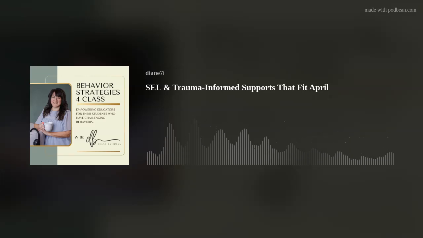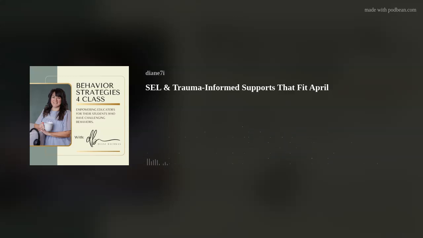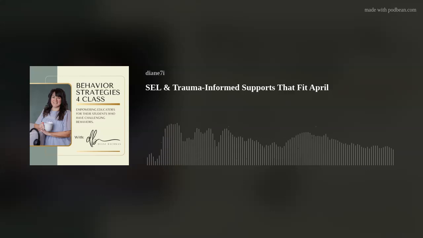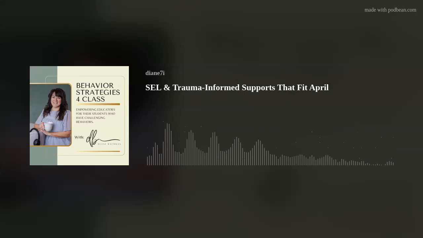So again, a couple different ways you can do a reset for your class this spring in April. Another way that you can help your students, this is a trauma-informed support, is called weather and emotion mapping.